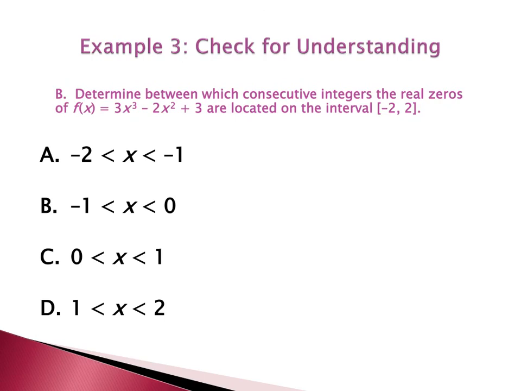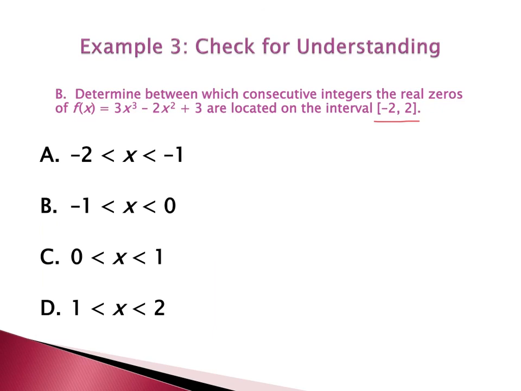In example 3, check for understanding part B, I would like you to determine between which consecutive integers the real zeros of f of x equals 3x cubed minus 2x squared plus 3 are located on the interval between x equals negative 2 and positive 2.